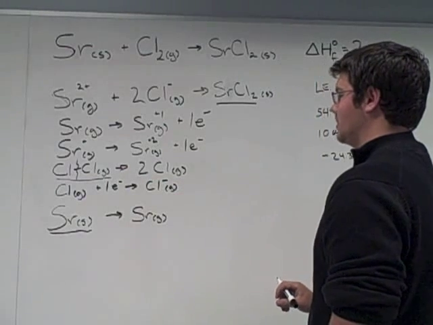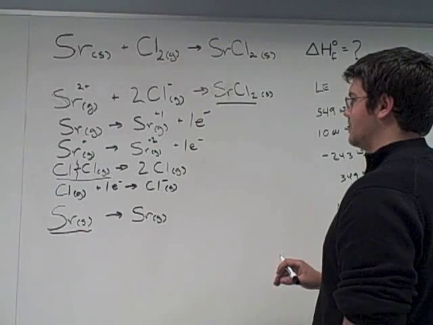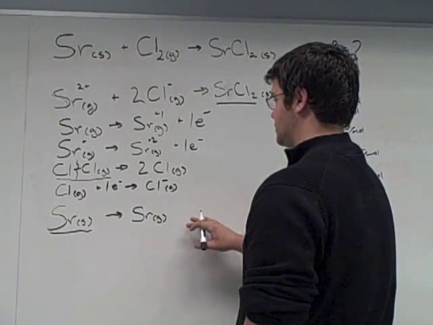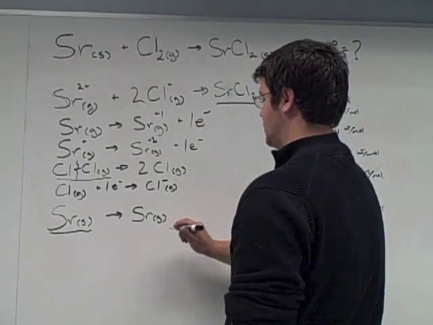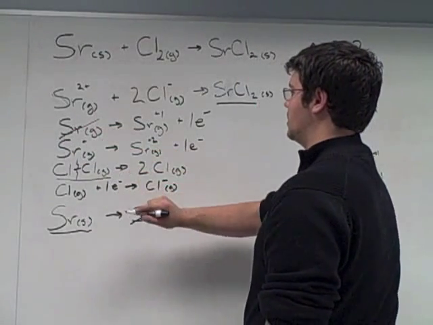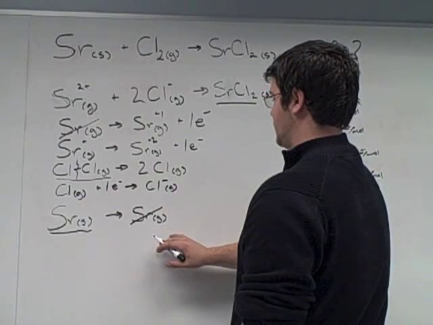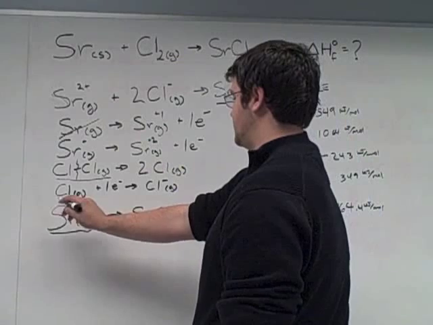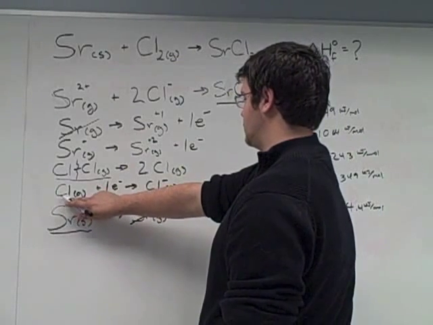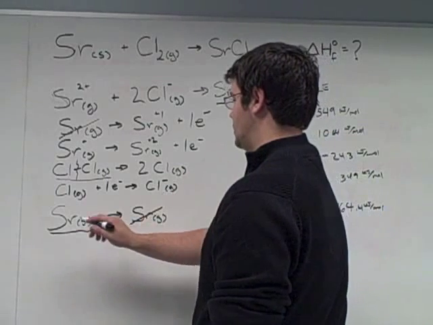So now we need to look at what we can cancel out. And we have our strontium gas, which cancels out here and here. We have our chlorine gas, but instead, this one is only one chlorine gas, where here we're producing two chlorine gas.